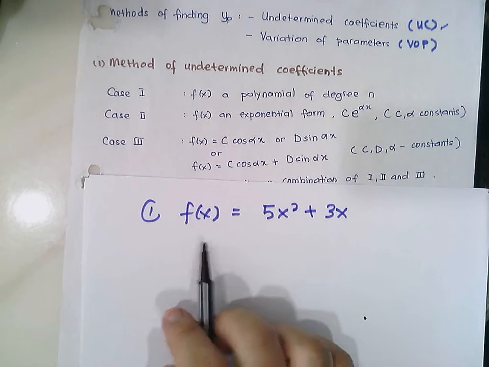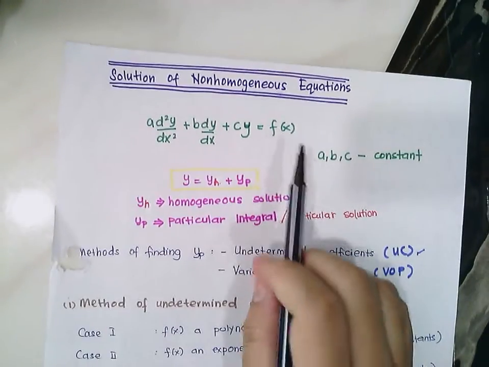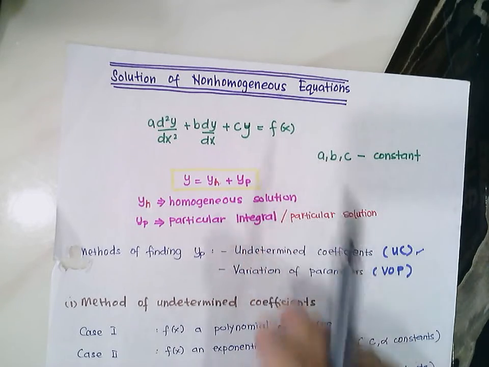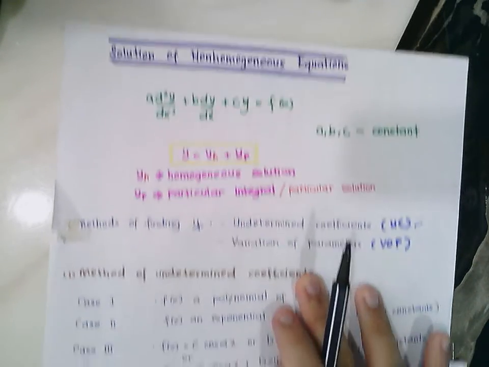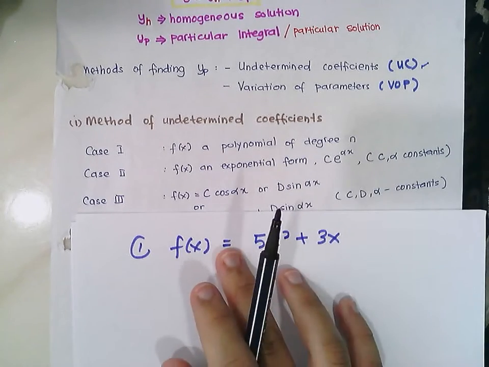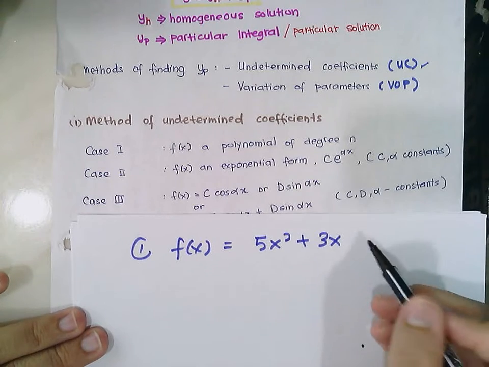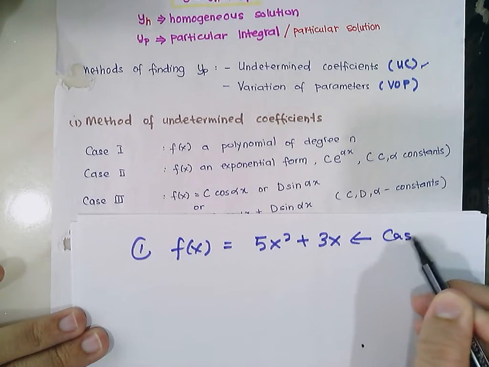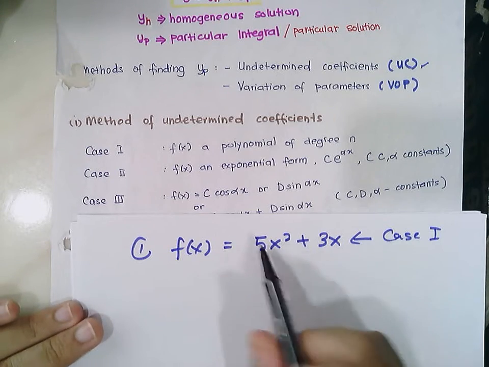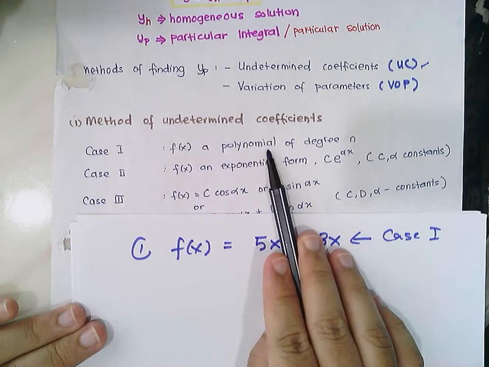Now I'm talking about fx, which is the function on your right hand side here. We are not yet solving UC. We just want to suggest your yp based on your fx here. So this is case 1. Why? Because your fx is a polynomial.